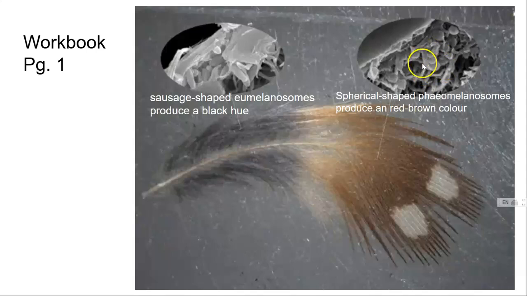They're spherical. So we are able to translate that and look back at our old fossils and say, oh, well, this dinosaur had red feathers or red coloration in their feathers. And this one over here had black feathers because they have sausage-shaped melanosomes.